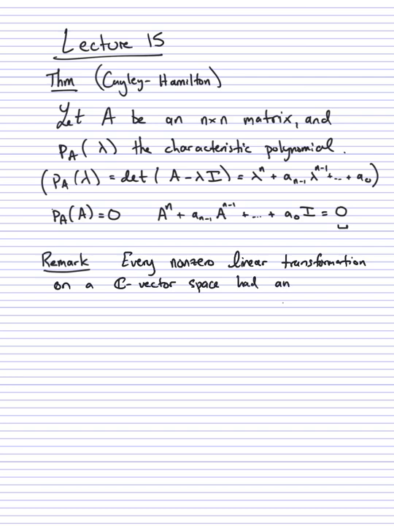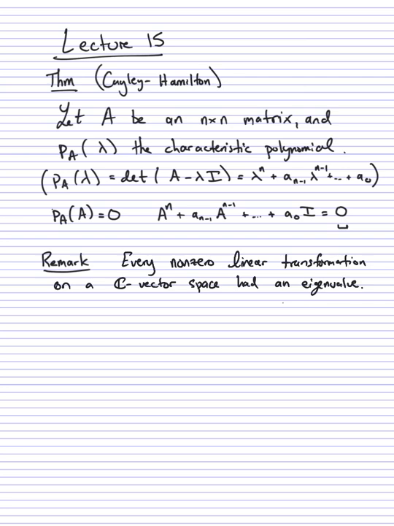Okay, this was the largest difference for us between working, say, over the real numbers or working over the complex numbers. So the method of proof that we're going to use for the Cayley-Hamilton theorem is going to be to reduce it to proving this theorem for upper triangular matrices.